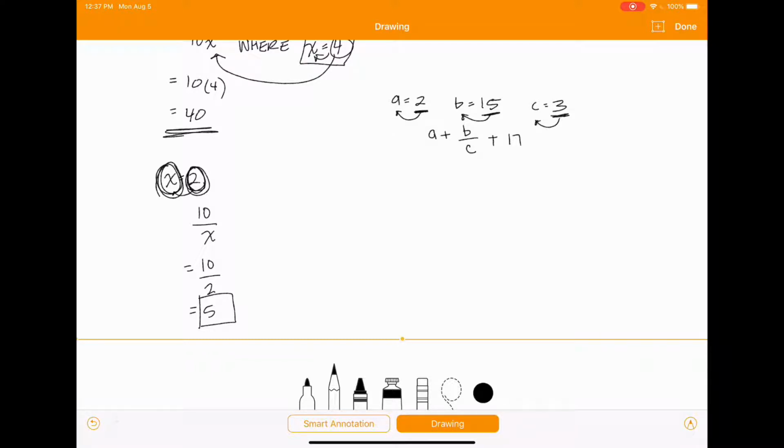So a equals 2, so we're going to have 2, plus b equals 15, so we'll have 15. C equals 3, so we'll have 3 down here, and then plus 17.